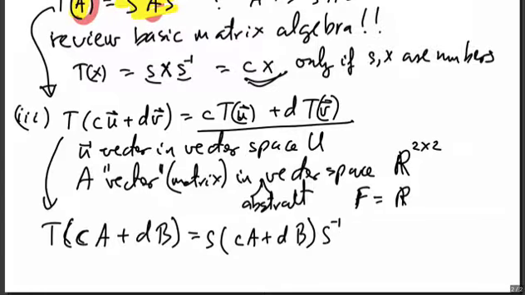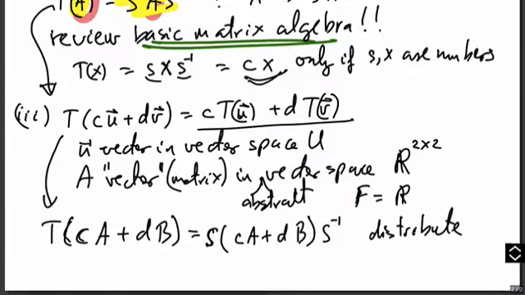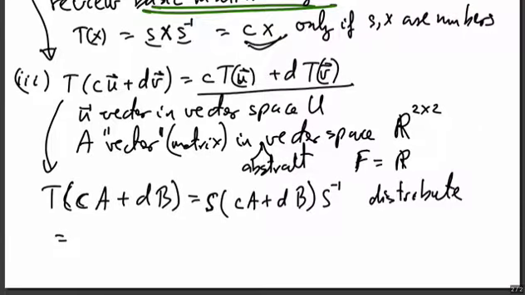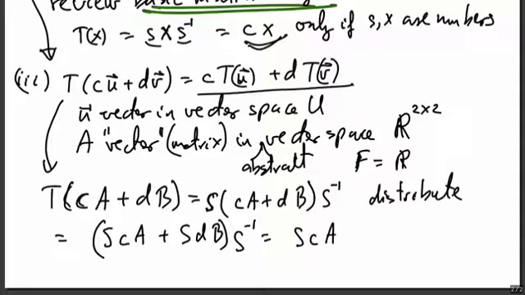Again, we need, as I mentioned, basic matrix algebra properties from undergraduate linear algebra. So for example, the matrix multiplication is distributive, which means that we can multiply through the parentheses. So we get from the left S times CA plus S times DB. Let me do it in 2 steps, from left first, and then from the right, S times CA S inverse plus, again from the right now with S inverse, DB S inverse.